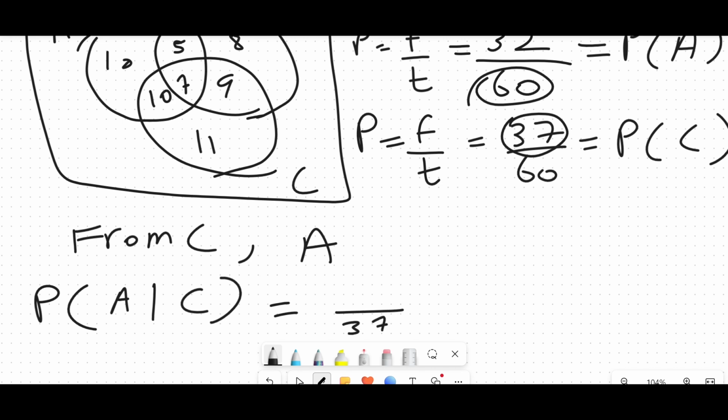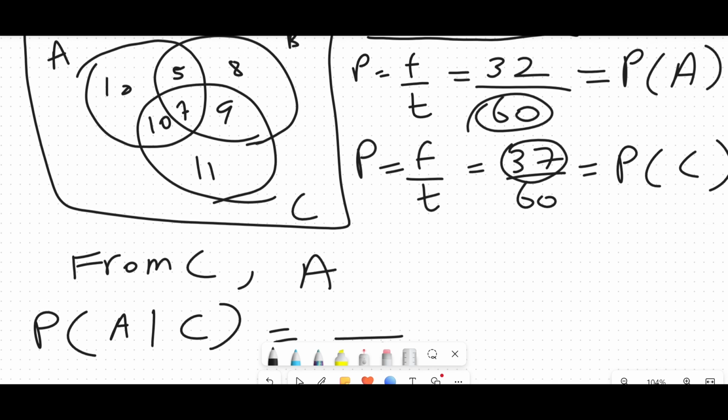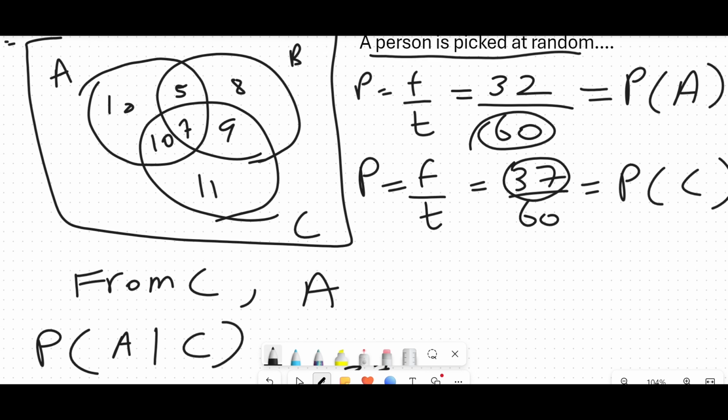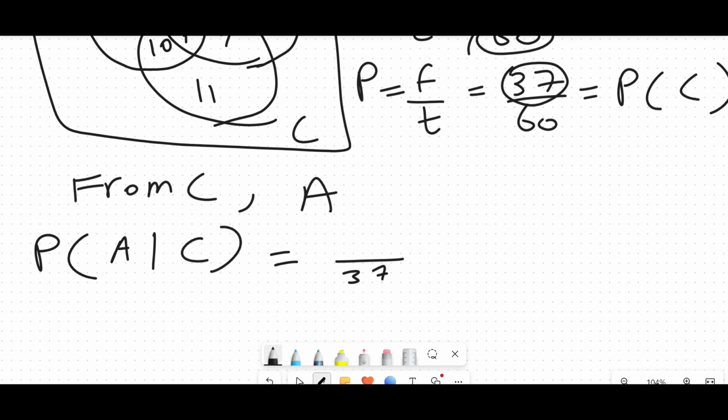Now let's count the people who are from A as well as from C. That is the set over here. So we have 10 plus 7, 17. So it is 17 over 37.